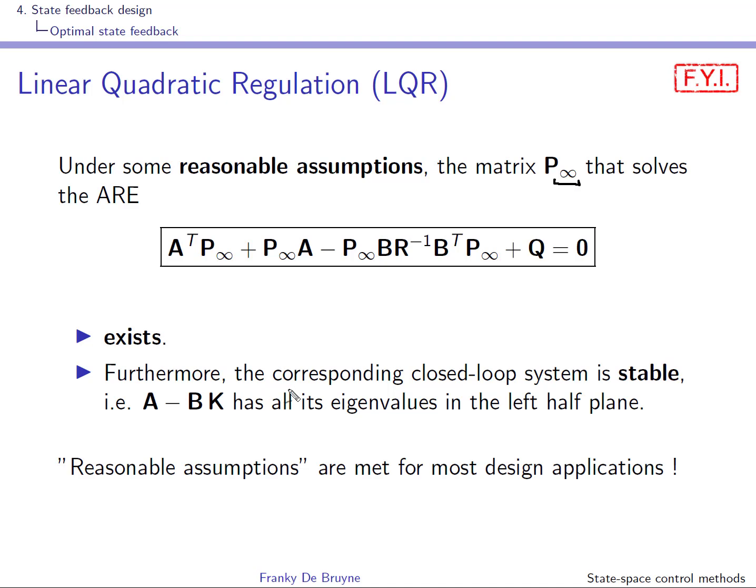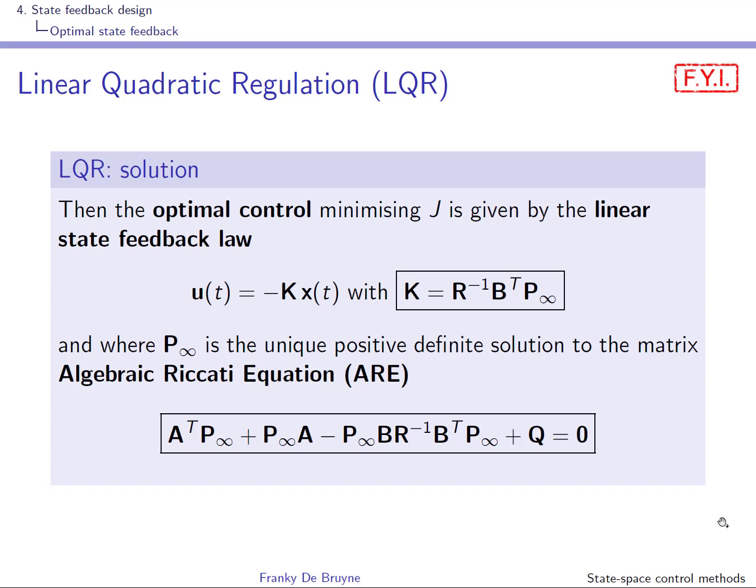And furthermore, the state feedback that would result, so the matrix K, will ensure that the closed loop system is stable, so that the eigenvalues of A minus BK are all in the left half plane. You can use linear quadratic regulation, LQR control, without a surprise in Matlab using the command LQR.